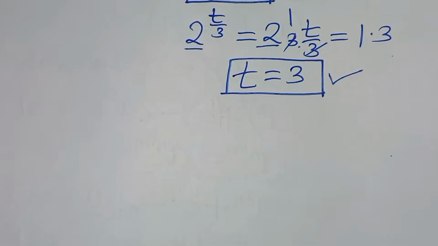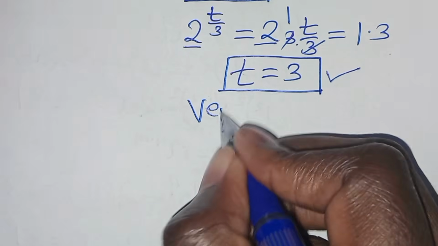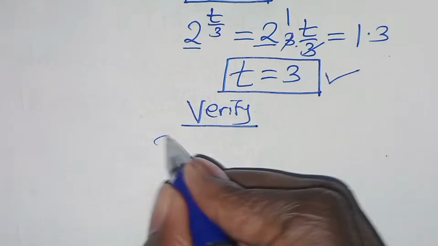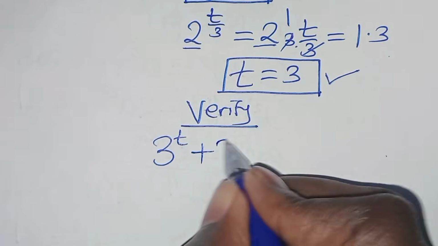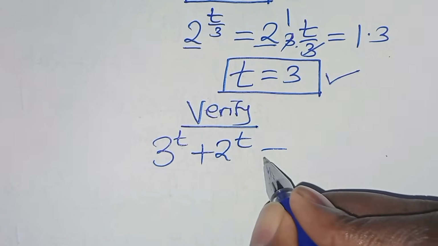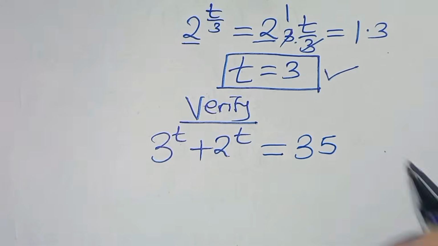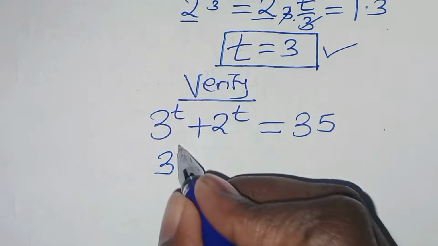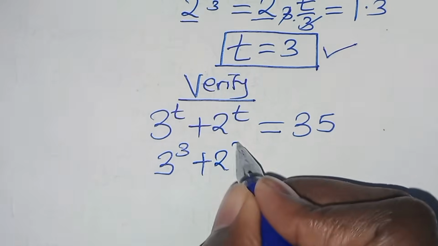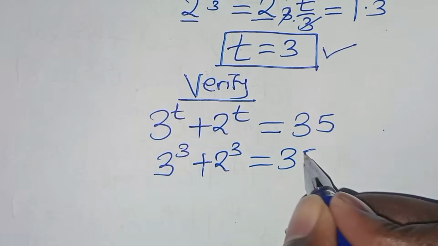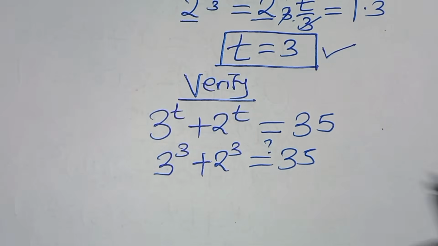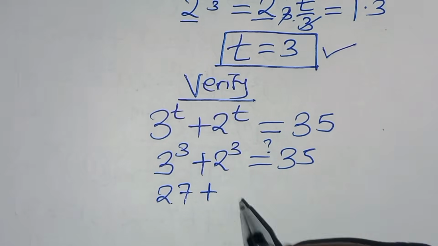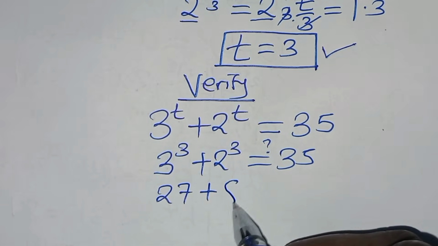So lastly, let's verify that this value of t satisfies the equation. We have 3 to the power of t plus 2 to the power of t, and this is supposed to give us a value of 35. Now here we have 3 to the power of 3 plus 2 to the power 3. So 3 to the power 3 is equal to 27, plus 2 to the power 3, which is equal to 8.